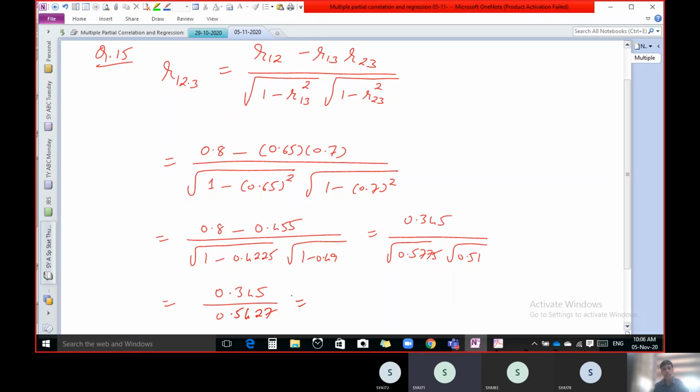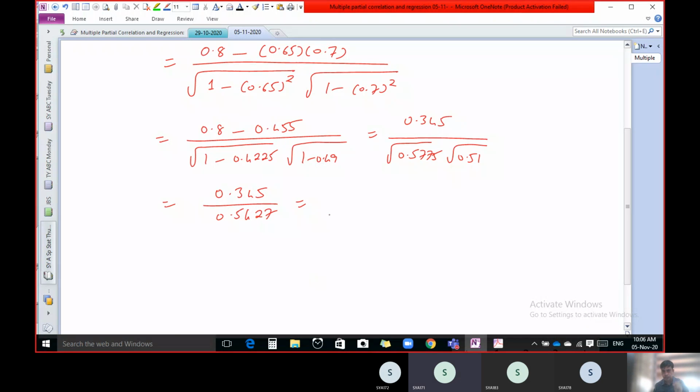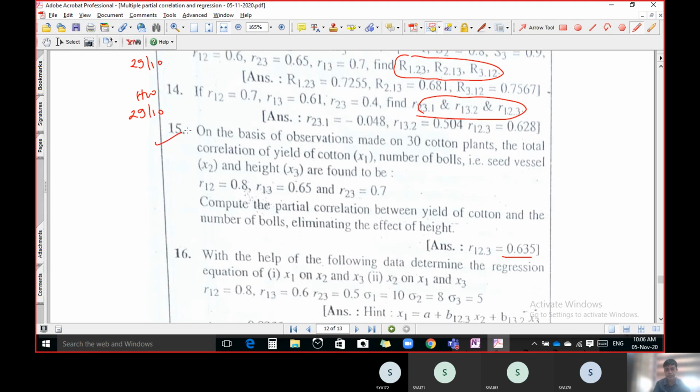And do this calculation: 0.6357. So this is our final answer for question number 15, 0.6357. So it is simple once you know the formula.